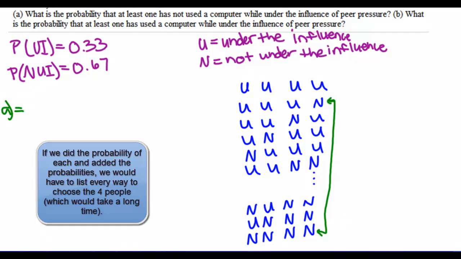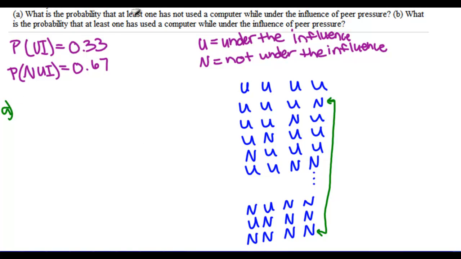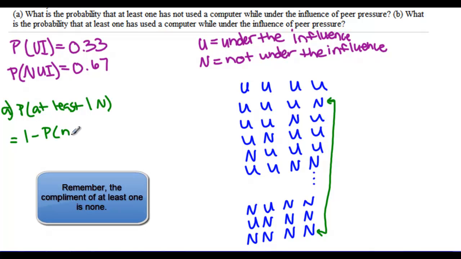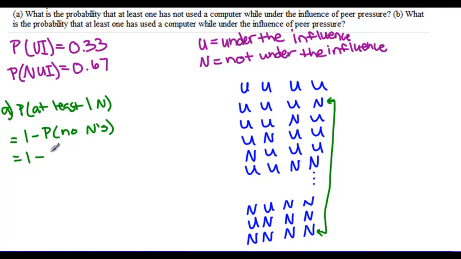So instead, the probability of at least one N is the same as 1 minus the probability of no N's. And no N's is the probability of all U's.